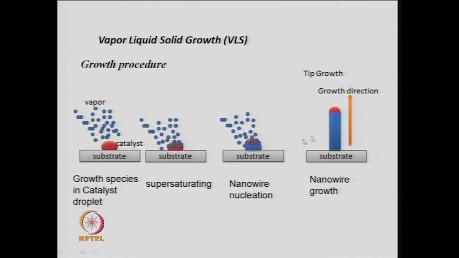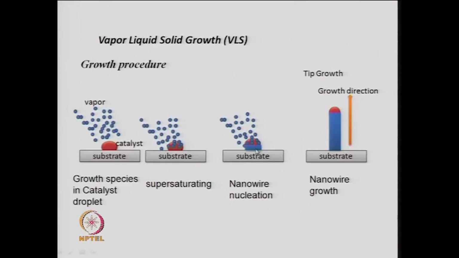As further reaction goes on, this blue color, as you see, is enhanced, because these molecules shown in blue are the wire material for the nanowire, and that material keeps depositing here at the interface of initially the substrate and the droplet, and then more molecules diffuse and deposit on the growing interface between the material for the nanowire and the catalyst droplet.